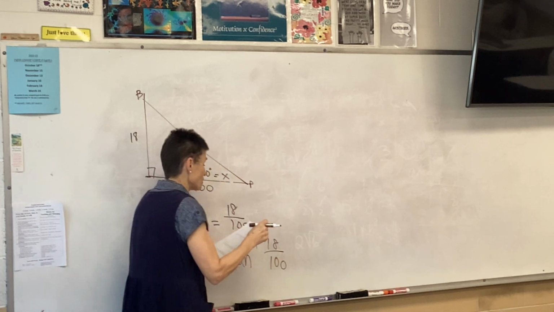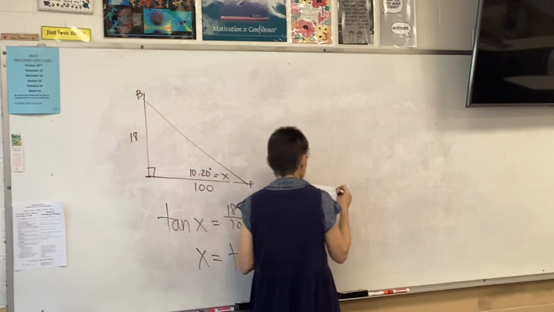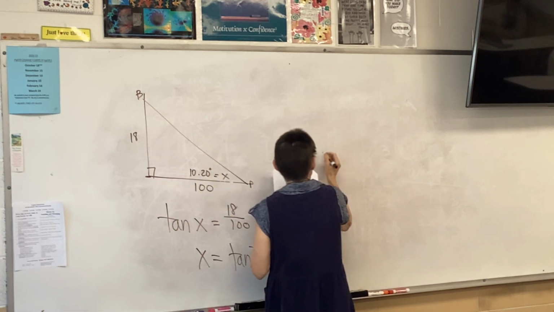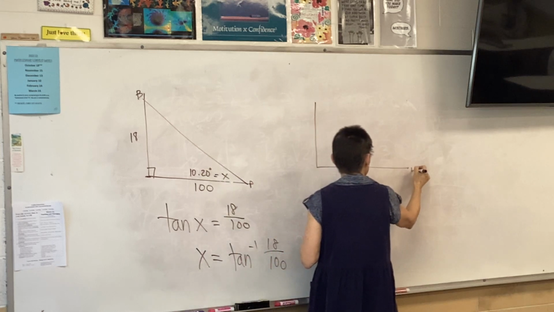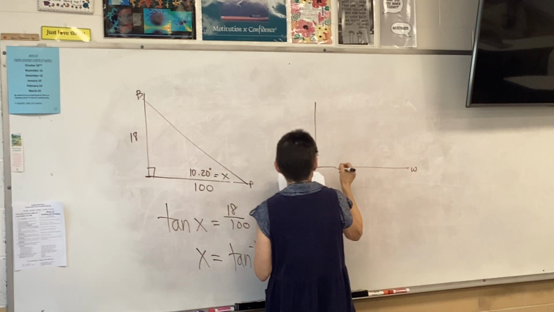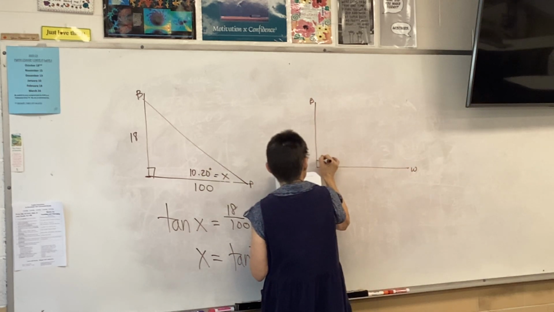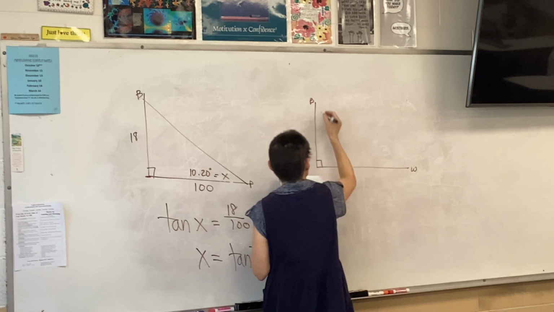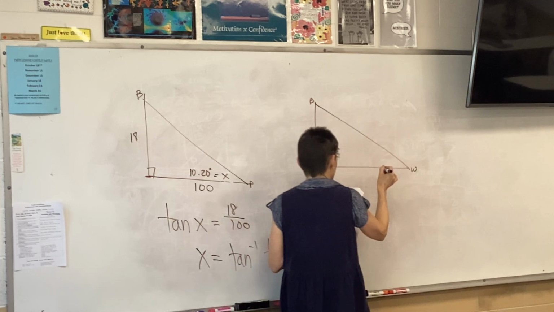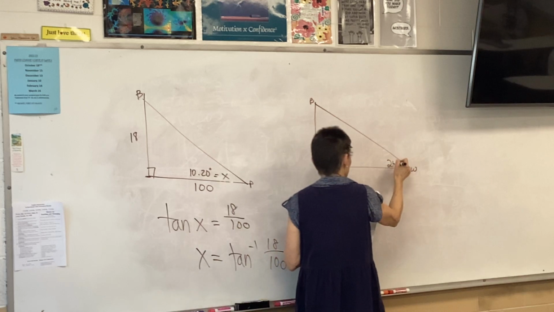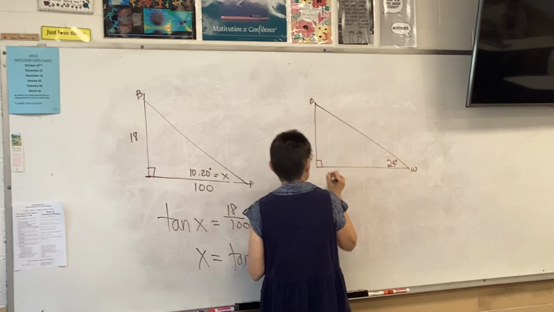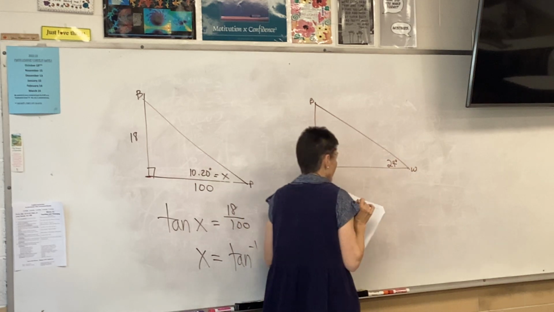All right, let's look at question B. Find the distance from a worm on the ground, here's the worm, to a bird in the top of a tree if the bird's angle of depression is 24 degrees and the tree is 19 feet tall.